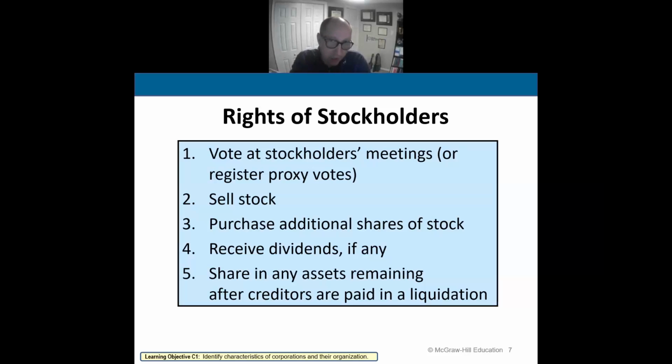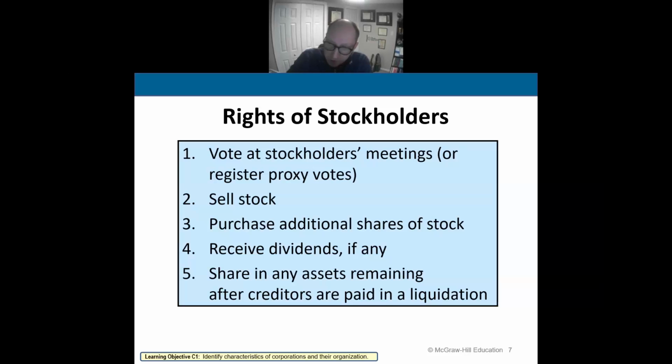One of the other rights that stockholders commonly have is they share in the assets, meaning when a corporation goes out of business, or is getting ready to shut down. I'll use the example of Sears. When Sears decided we're no longer going to be a corporation, we're going to start selling off a lot of our assets, closing a lot of our stores, first the creditors get paid through a liquidation.